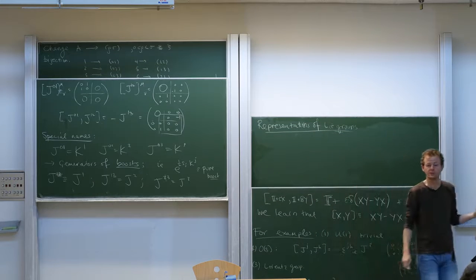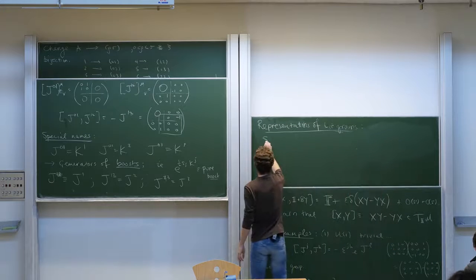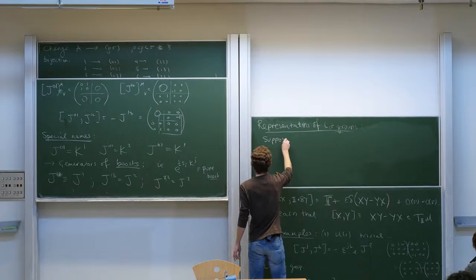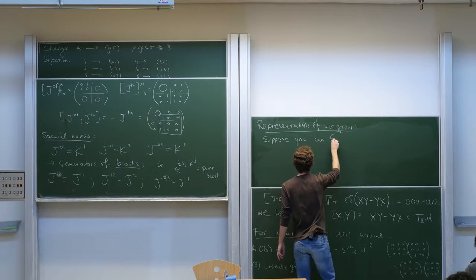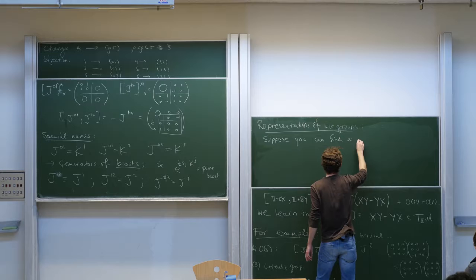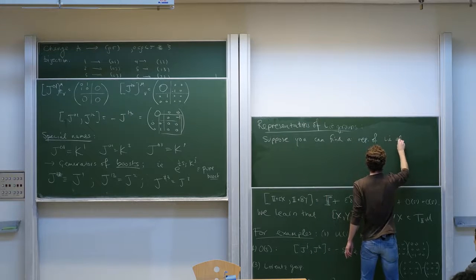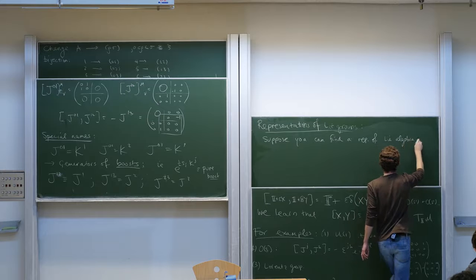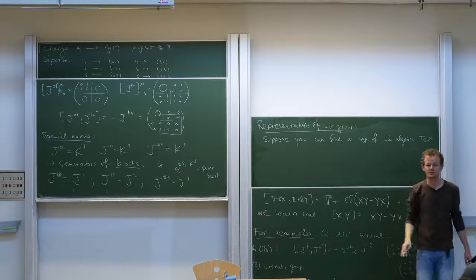Suppose you can find a representation of the Lie algebra. What does a representation of a Lie algebra mean?